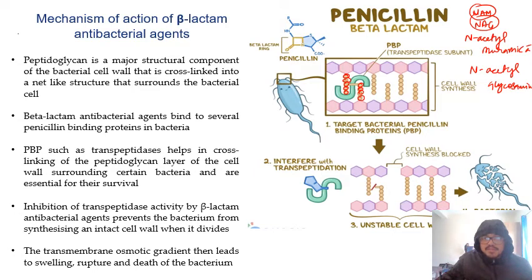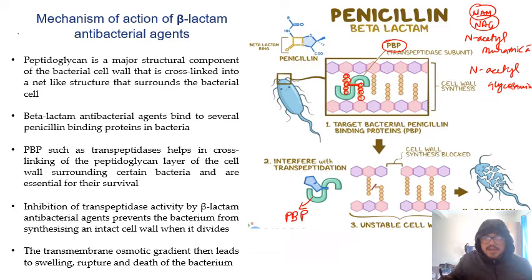Combined together, they form a polypeptide chain, and this chain will be cross linked. You can see a bridge here, this is cross linking, and it is done by penicillin binding protein. This green color is the penicillin binding protein.